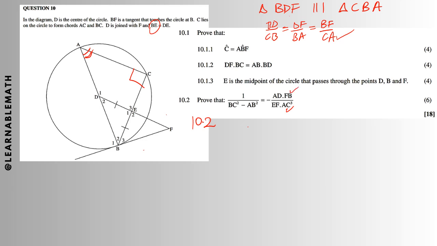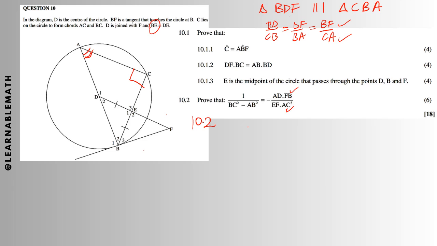FB is there as well. AD, do we have AD? I think we don't have AD there, but you have your AB, which is also part of this. So you can see that basically we can start from that proportionality, then see how far we can go with that.